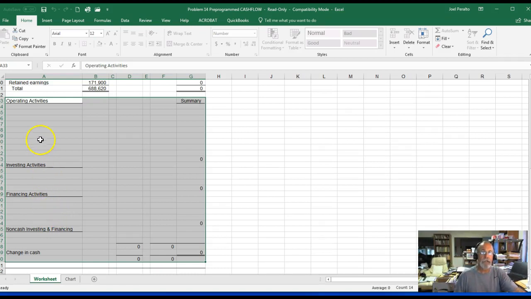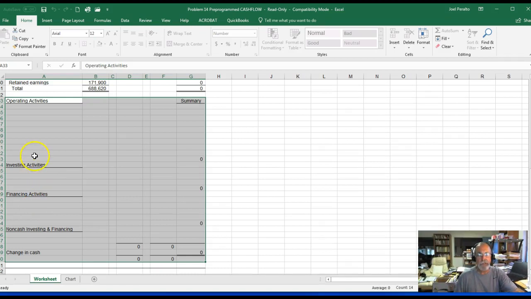And so our investing activities involve cash flows from our long-term assets. Our financing activities involve cash flows from our long-term liabilities and our equity accounts.